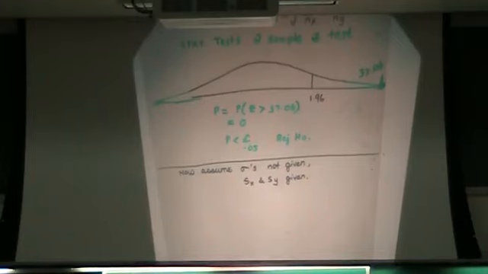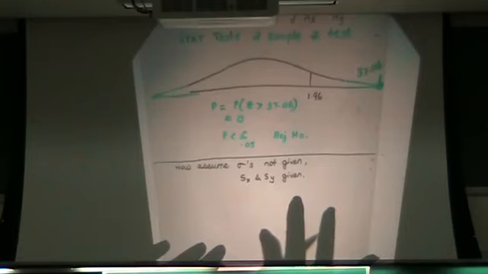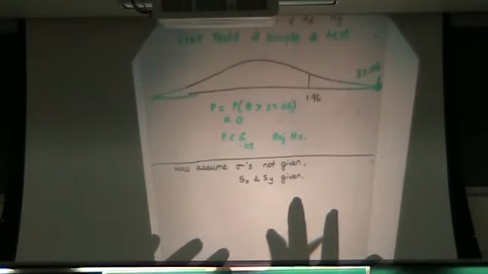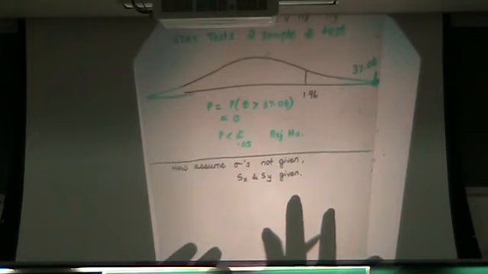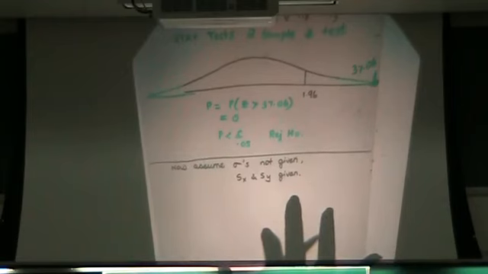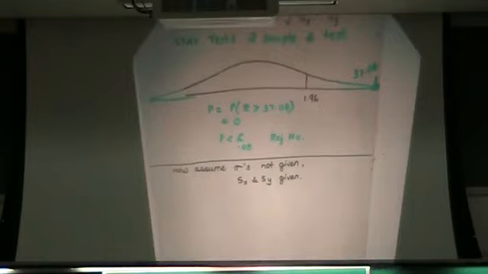So first of all, if Sx and Sy are given, and if n's are large, greater than 30, we used to say, if n's are large, then assume that sigma and s is one and the same and just do a z-test. Because as we know from the t-table, as you go down, as n gets larger and larger, the values are approaching the z.